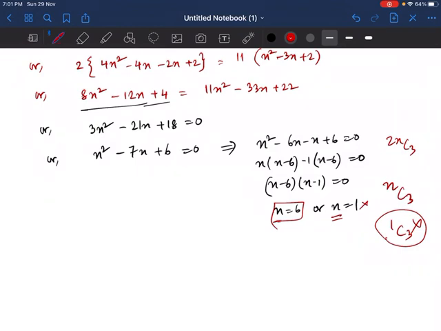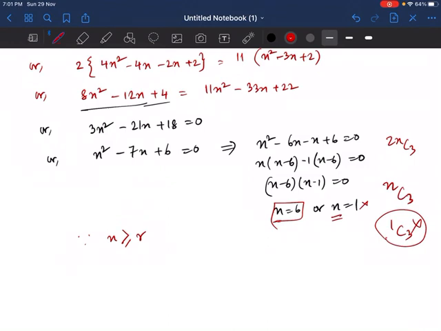So always remember this condition, that n must always be greater than or equal to r. Until and unless you have 12 objects, how can you take more than 12 objects?